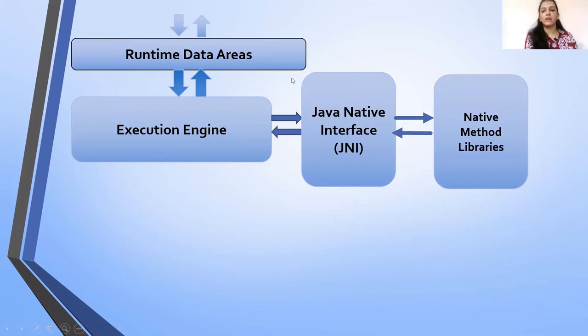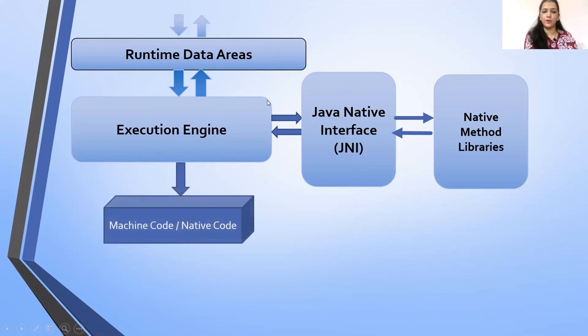That is the Java Native Interface, which interacts with the native libraries and provides information to the execution engine, so that your code will be converted to machine code, or native code, which finally gets executed.